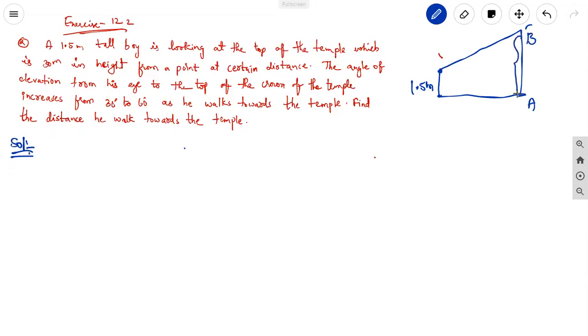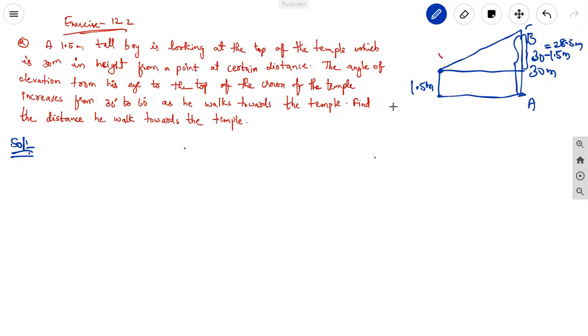The temple height is 30 meters, but the boy's height is 1.5 meters. So he is observing the remaining height only, that is 30 minus 1.5 meters, which is equal to 28.5 meters only.